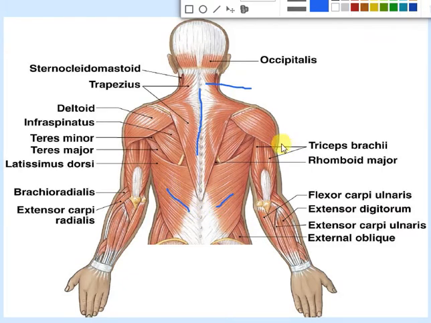This one. Then from the latissimus dorsi, we have other muscles inside. Teres major, we have teres minor, which is there. We have the infraspinatus.